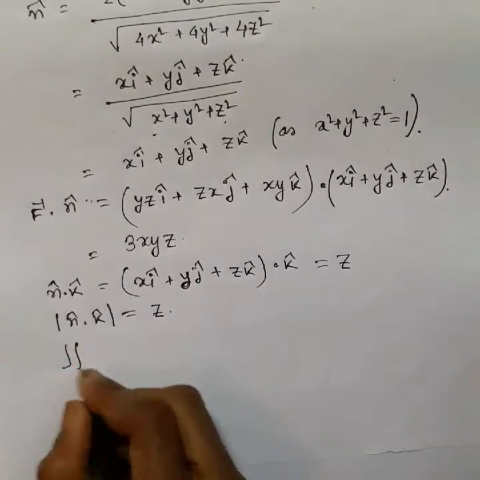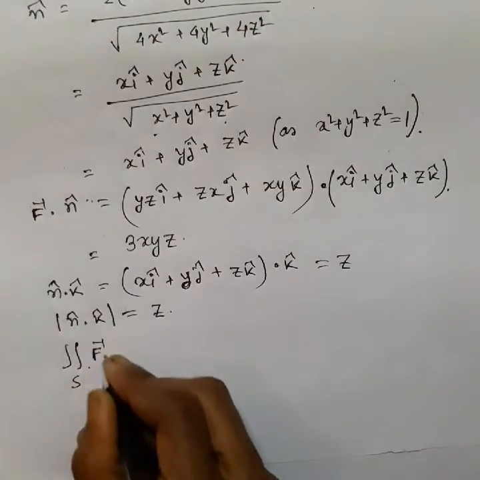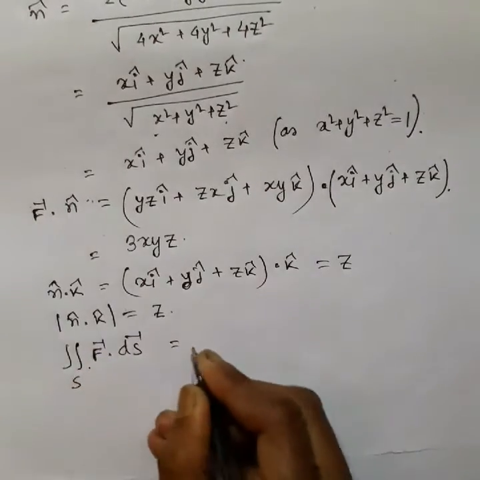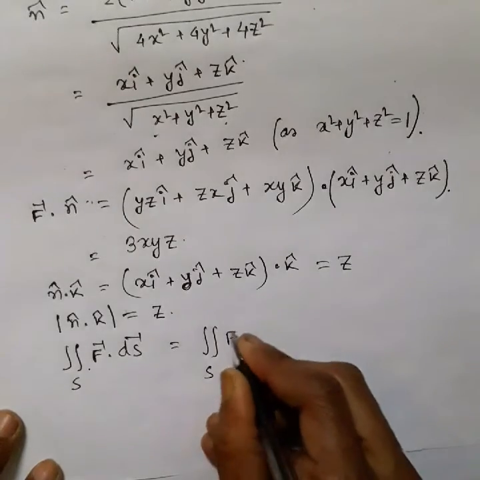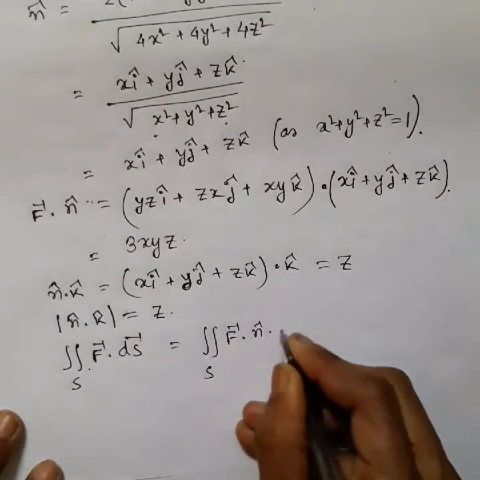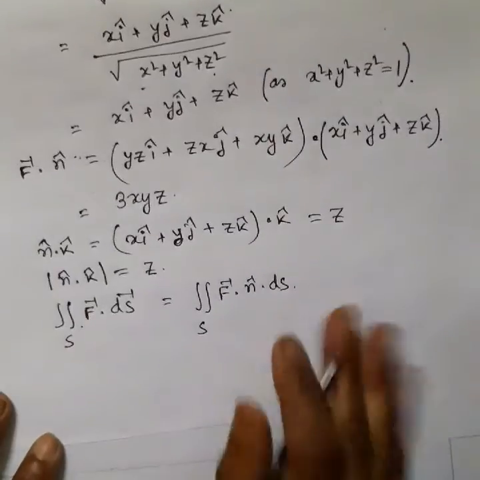So that means double integration over S F dot dS is equal to double integration over S F dot n cap dS.